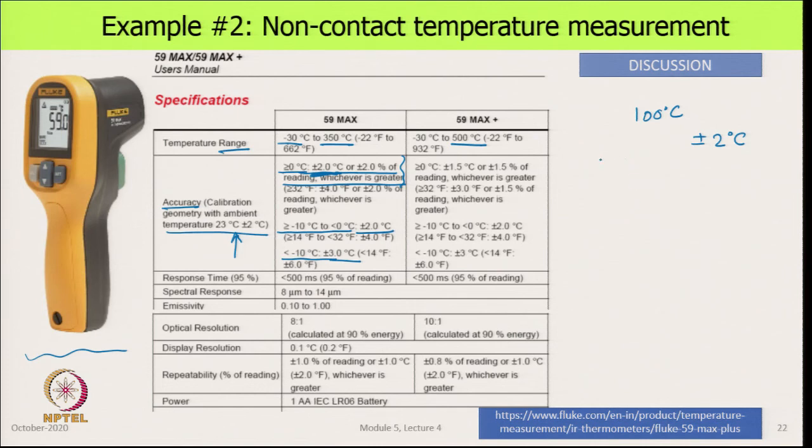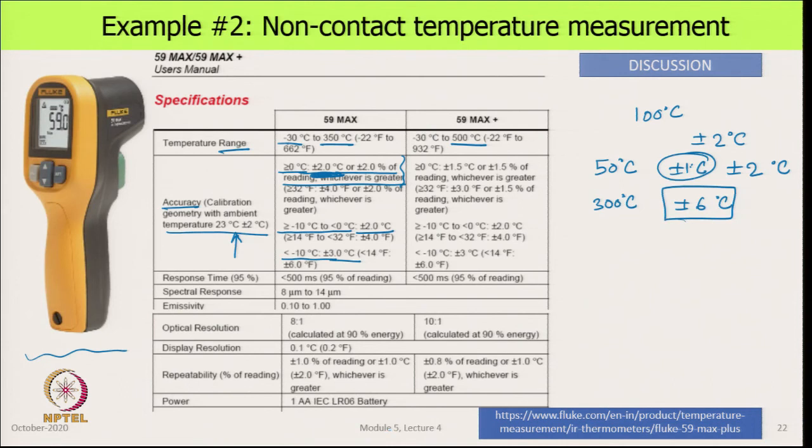If you are measuring a temperature of 50 degrees Celsius, then plus minus 2% of that will be plus minus 1 degree Celsius, but then this is less than what has been quoted. So, our accuracy here is plus minus 2 degrees Celsius. But if you are measuring 300 degrees Celsius, then 2% of that becomes plus minus 6 degrees Celsius, which is more than plus minus 2 degrees Celsius here. So, our accuracy here will be this much.